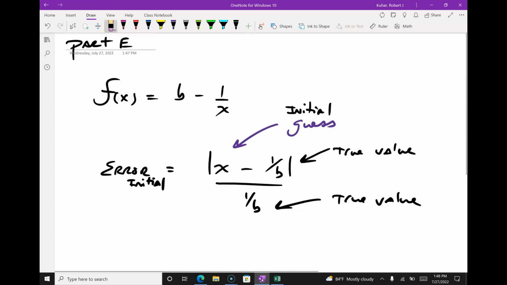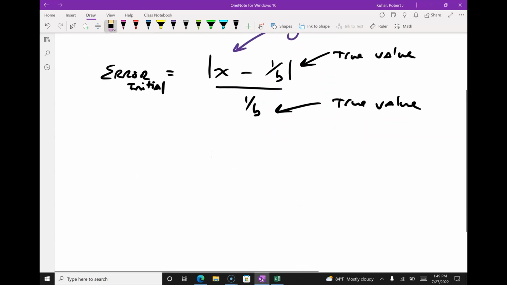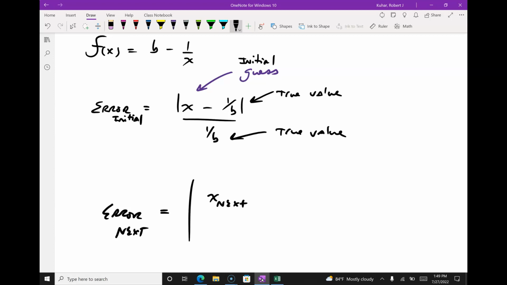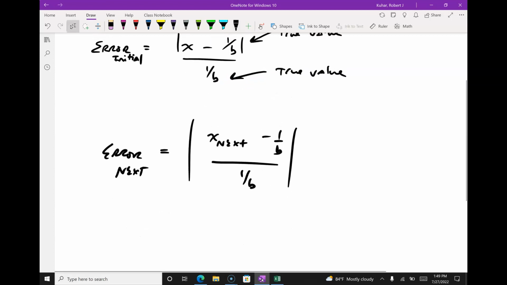But we want to see what happens to the error as we go another step. So the next error is going to be x next in here. And so what does that mean?